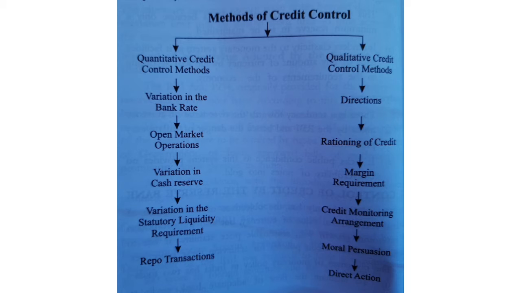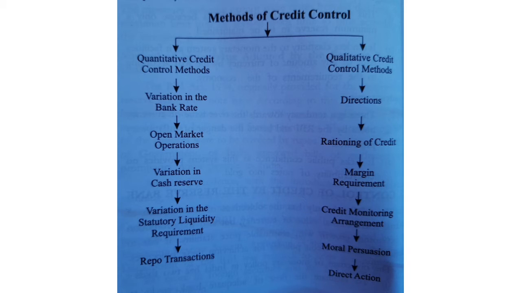For example, if the RBI finds that the bank is providing loans to priority sectors such as agriculture, a low rate of interest is fixed. Whereas if the advance is for, suppose, a private businessman, the rate may be higher.